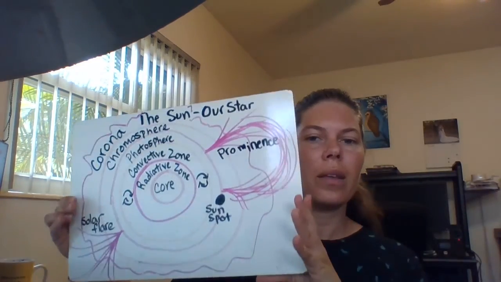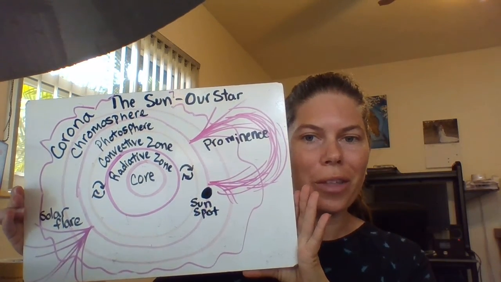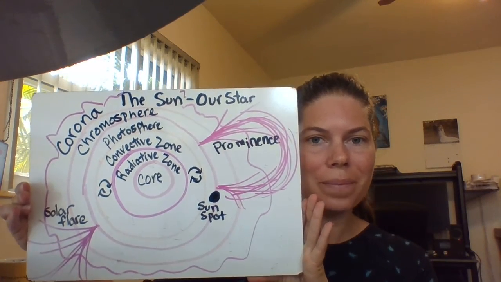So a prominence has this arc shape where it goes from one spot to another spot on the sun.